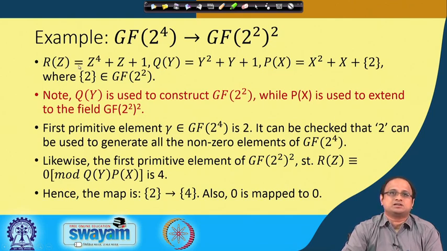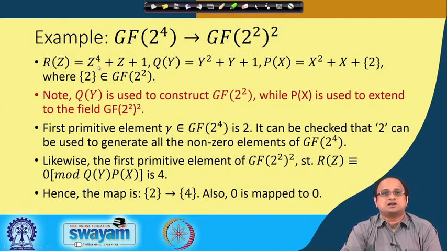So suppose I said I want to map GF2 power of 4 to GF2 square, okay, which is a composite field, and I said Rz as z to the power of 4 plus z plus 1. My Qy is y square plus y plus 1 and Px is x square plus x plus 2. Note that here this polynomial is an irreducible polynomial for GF2 squared. Okay.